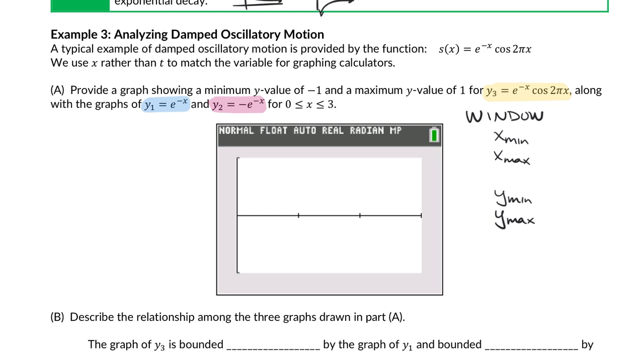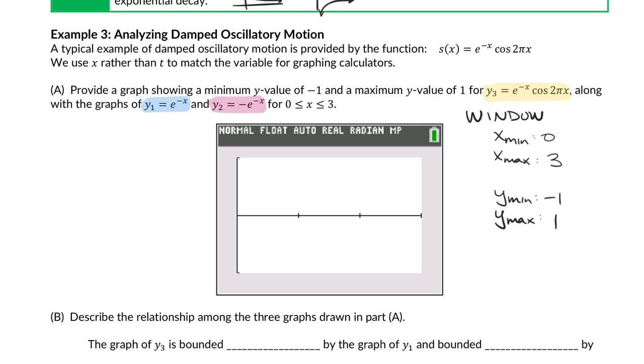Yes. Okay. This problem in particular only wants us to look between 0 and 3 on our x-axis. How do I know that? It says it right here. Between 0 and 3 with an x in between. I also see there's only 3 tick marks left for you here, so it's between 0 and 3. Also, it wants you to use a y minimum value of -1 and a y maximum value of 1.